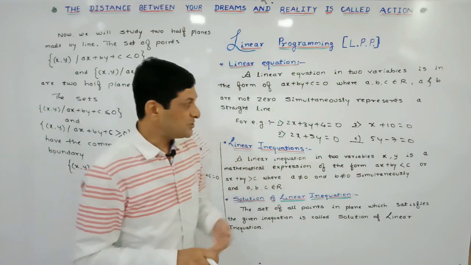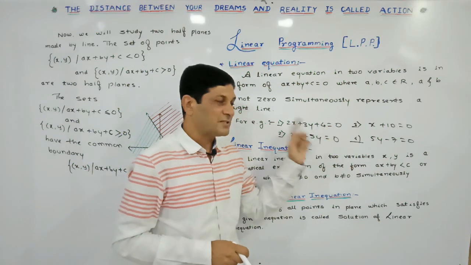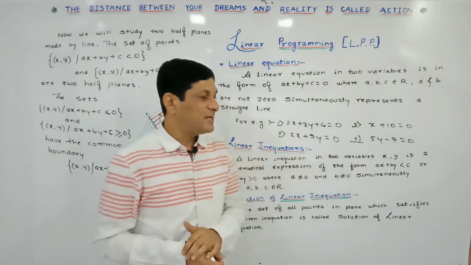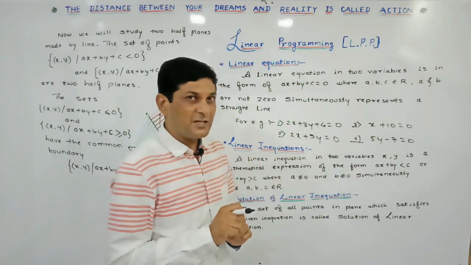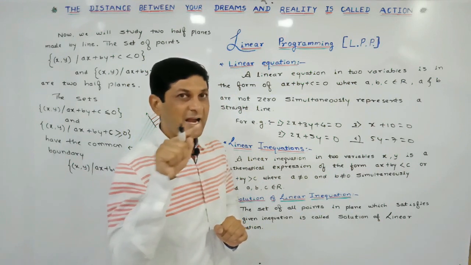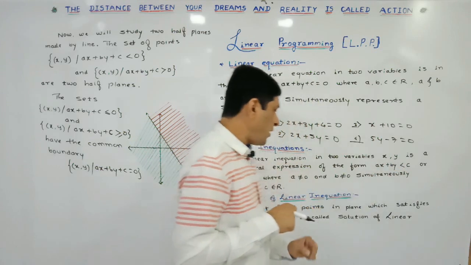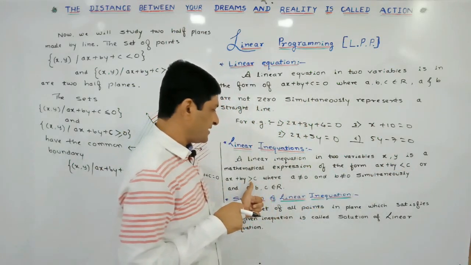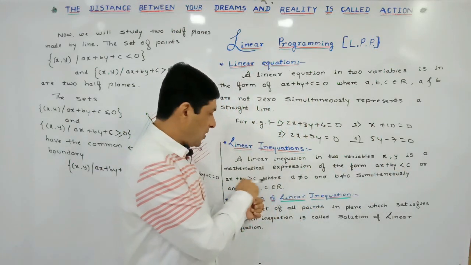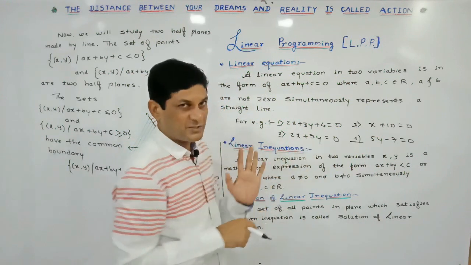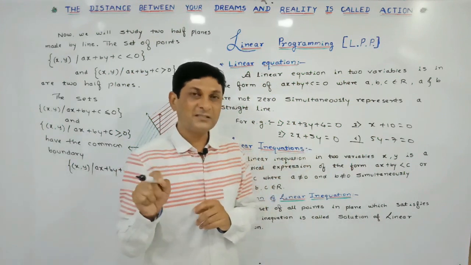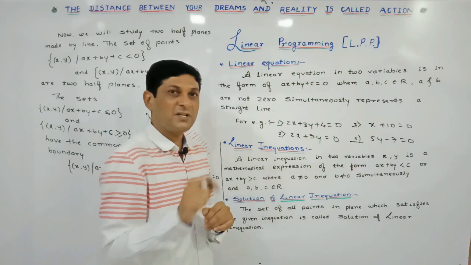In the case of an equation, equality is there. If I replace this equality by inequality, meaning less than or greater than, at that time it is called a linear inequation, isn't it? If equality is there, we call it an equation.